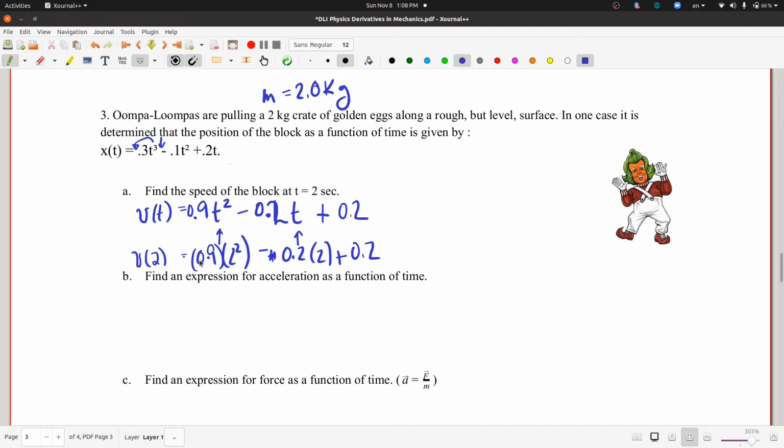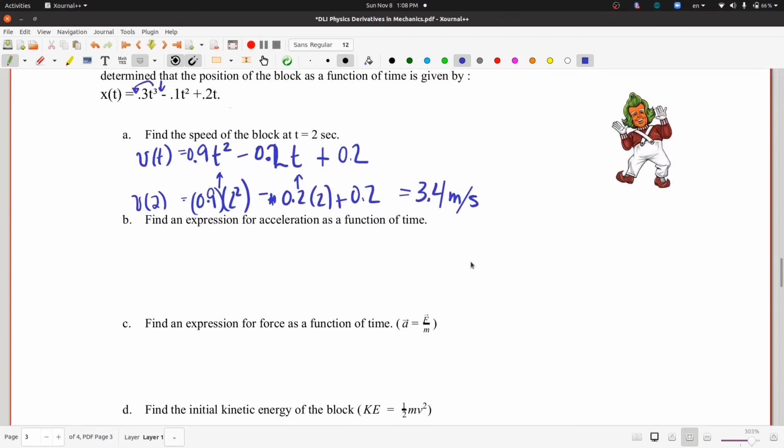So I have 0.9 times 4 is 3.6, minus 0.2 times 2 is 0.4, 3.6 minus 0.4 is 3.2, plus 0.2 is 3.4 meters per second.